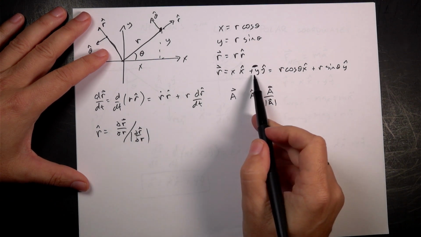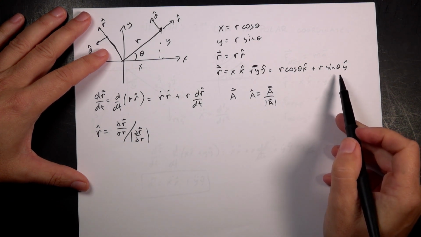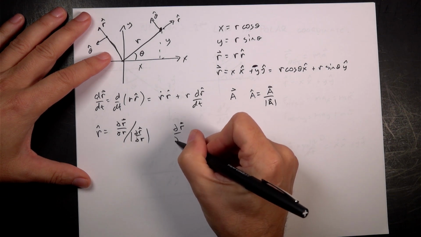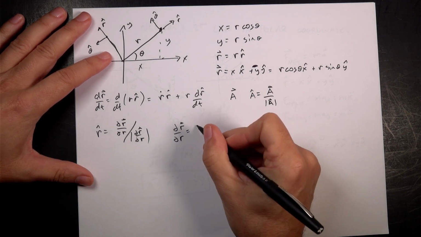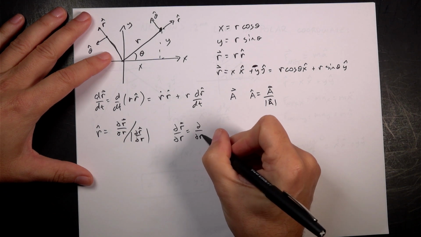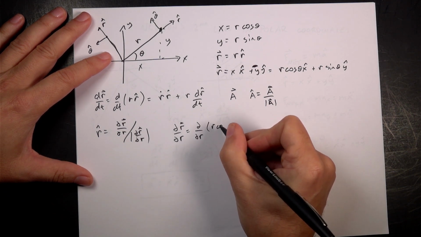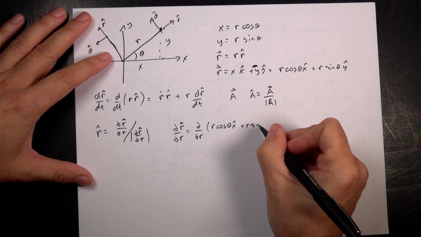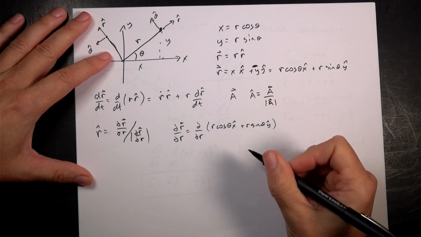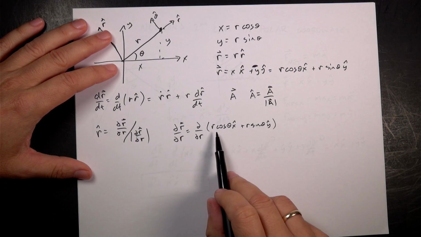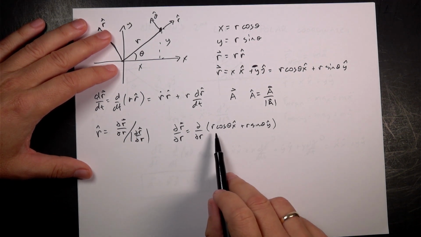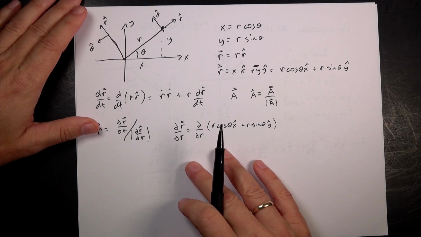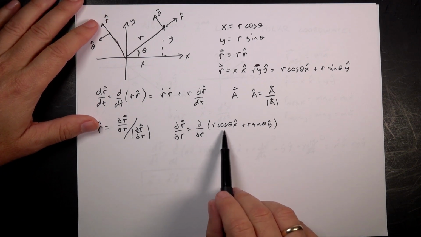I'm going to use this as my vector for r, so I can take the partial. The partial of r with respect to r of r cosine theta x hat plus r sine theta y hat. Since it's a partial derivative, I'm treating everything that's not an r as a constant. So right here, the only things that are not constant are these r's.